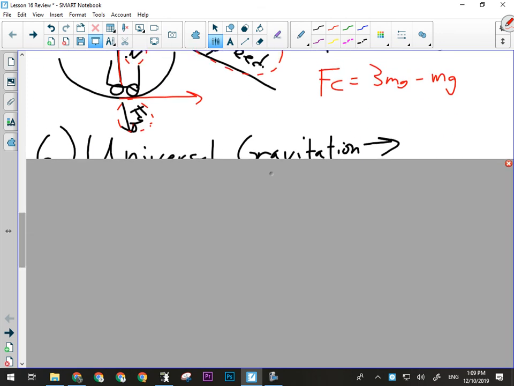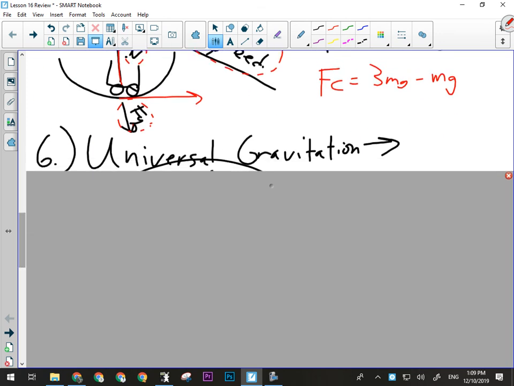All right, and then for number 6, we've got universal gravitation. The 6th thing we went over in this is Newton's universal law of gravitation. There are several multiple choice questions asking about your understanding of this. And the most important thing you need to understand about Newton's universal law of gravitation, which looks like this, is that this force of gravity is not a force of one object on the other.